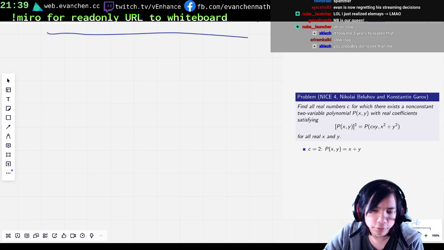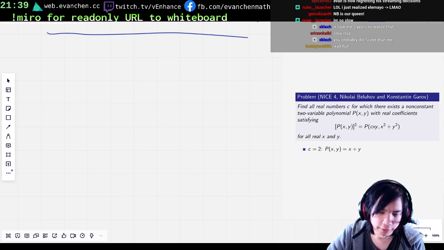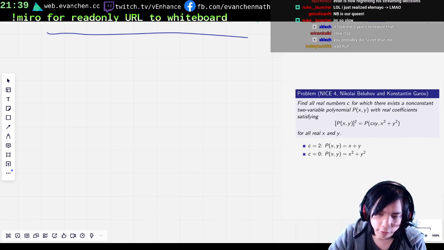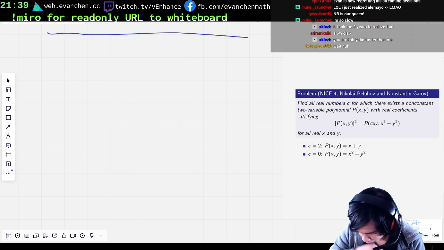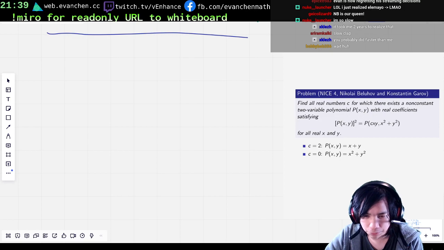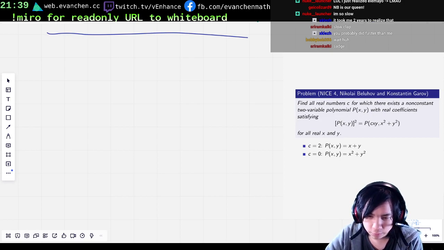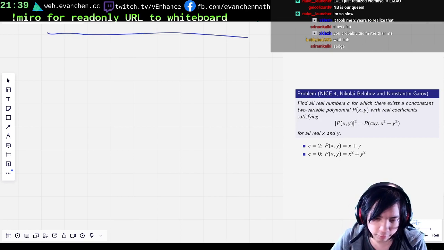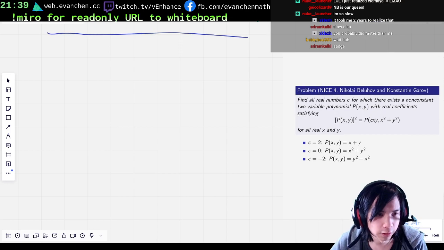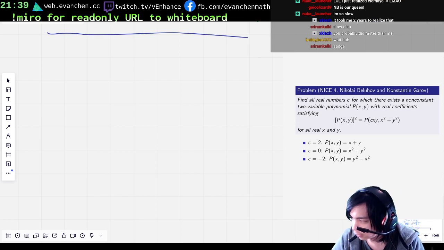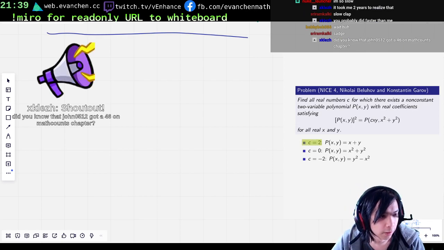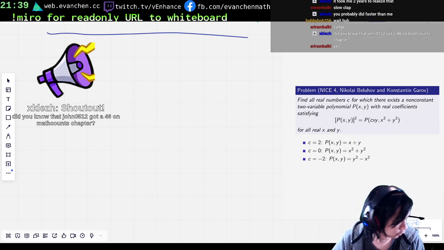So I should say first of all that you can actually classify all the polynomials that work for the values of C that do work. But because I don't want to lose too many people, I'll probably do the more lowbrow thing and just find all C which work. But this is the solution: the values of C that do work, plus an example for each of those values of C.